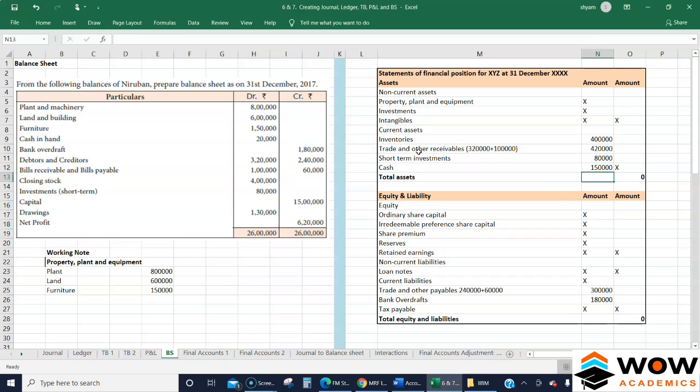The next is capital, which is 15 lakhs. And there are withdrawals, that is, drawings. Normally in companies we don't have the word drawings, so what we'll do is deduct the drawings from capital.